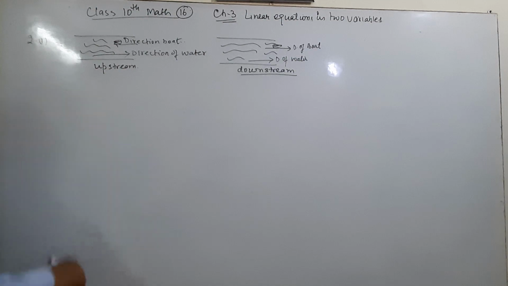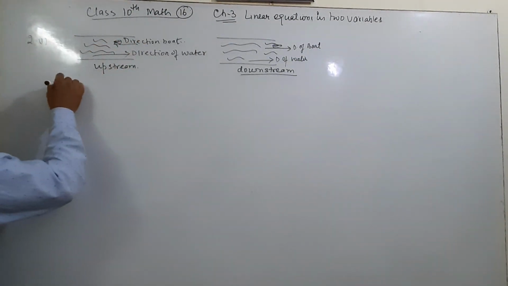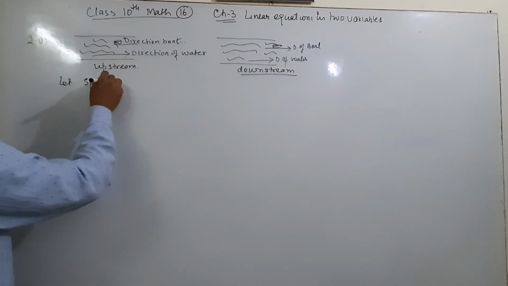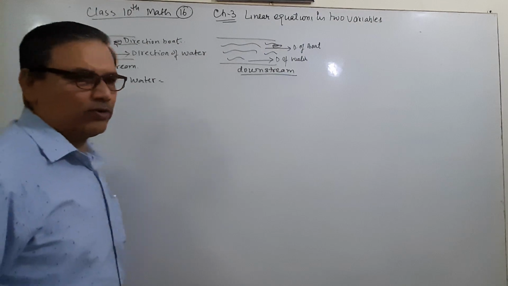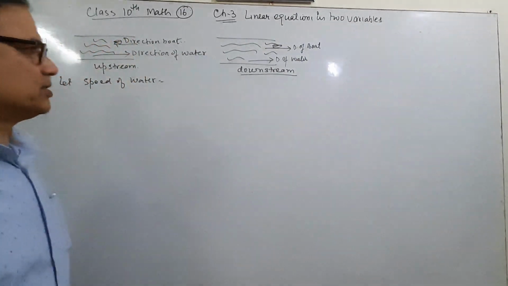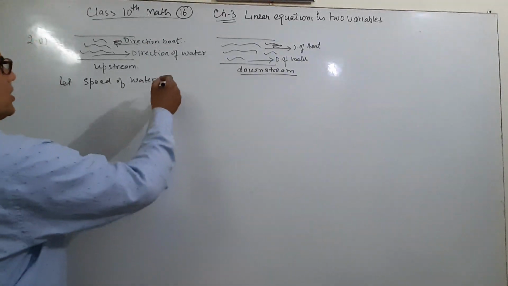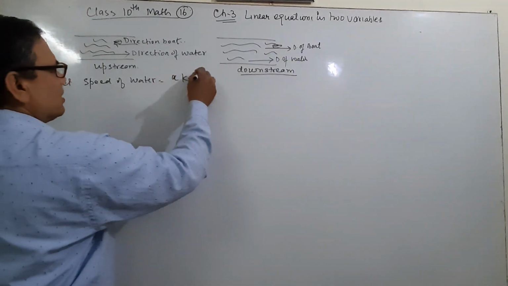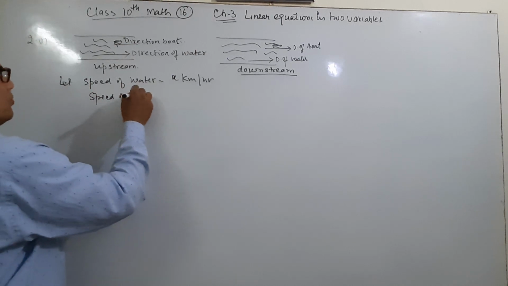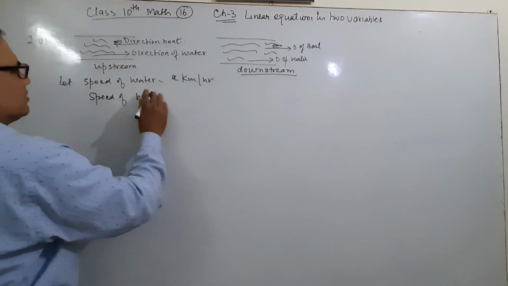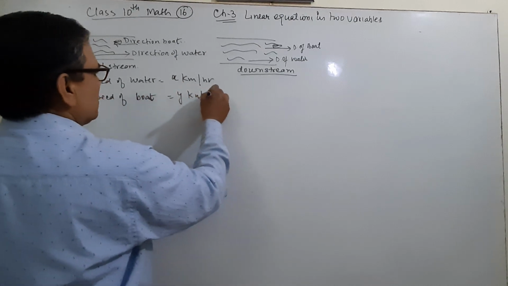For this type of question, we have to assume: let the speed of water be x kilometer per hour. We can say water, current, or stream; all are the same. And the speed of boat is y kilometer per hour.